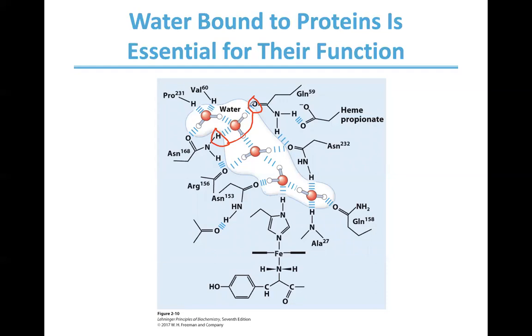So this molecule of water forms a bridge for a hydrogen bond that otherwise would not be able to exist. So one of the functions of water inside of proteins is to form a multiple hydrogen bond network within the inside of the proteins, to serve as bridges.